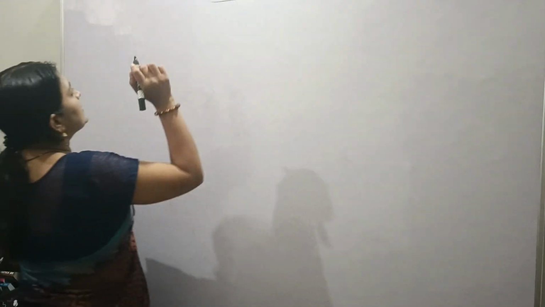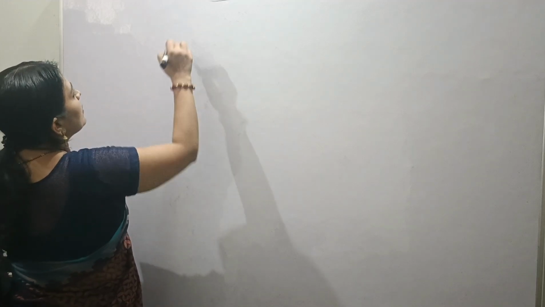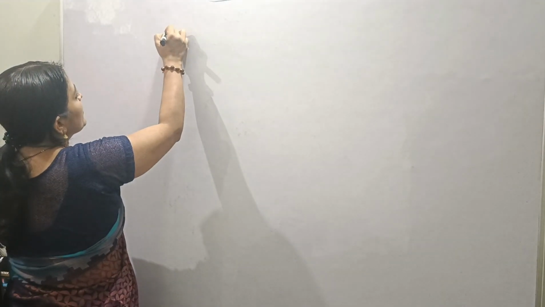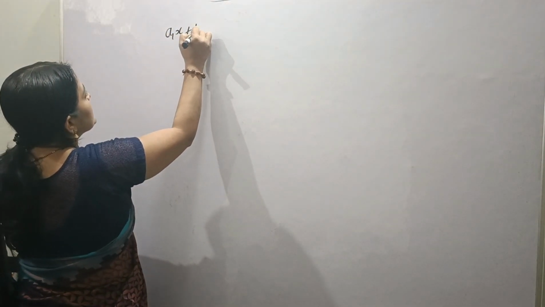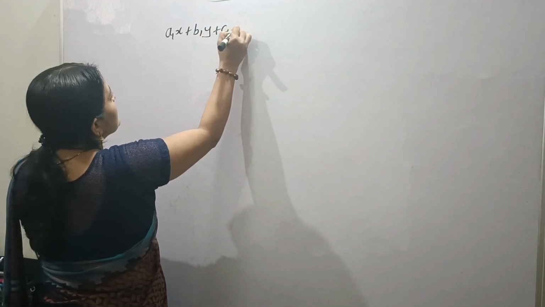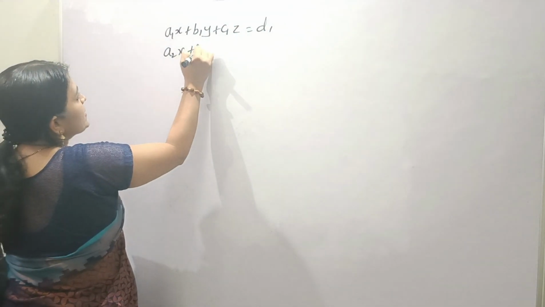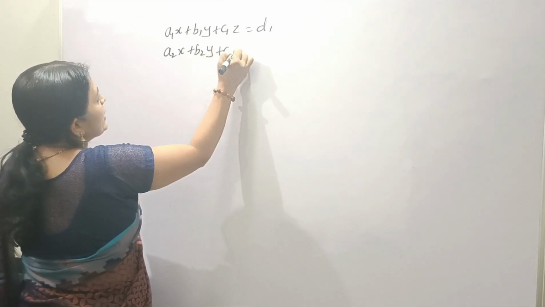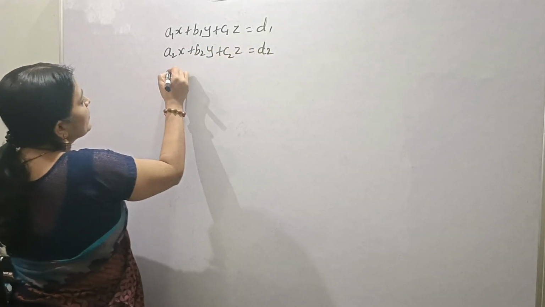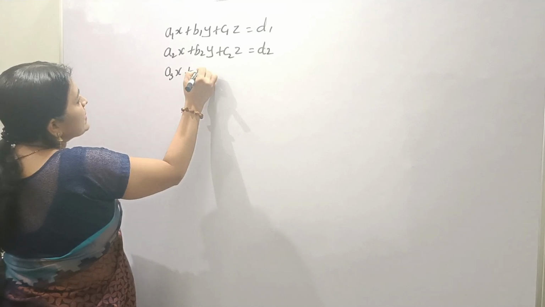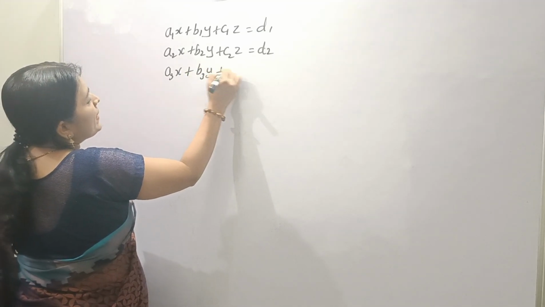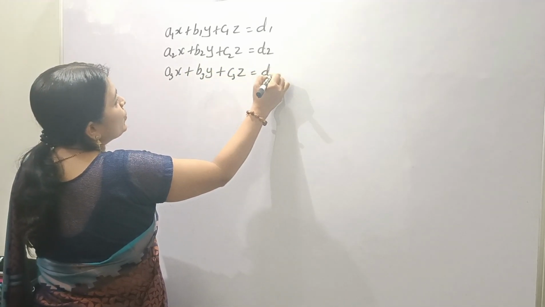Now let's see how to solve the system of linear equations using determinants and matrices. Let's consider three linear equations in the variables x, y, z. a1x plus b1y plus c1z is equal to d1. a2x plus b2y plus c2z is equal to d2. a3x plus b3y plus c3z is equal to d3.